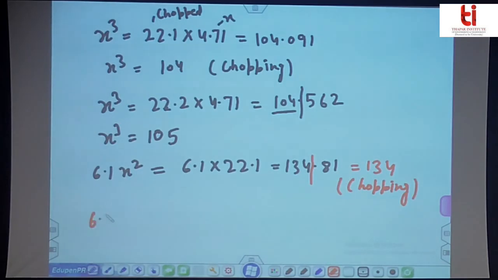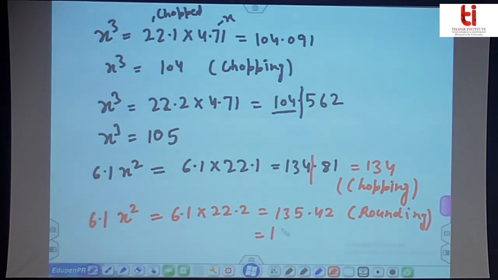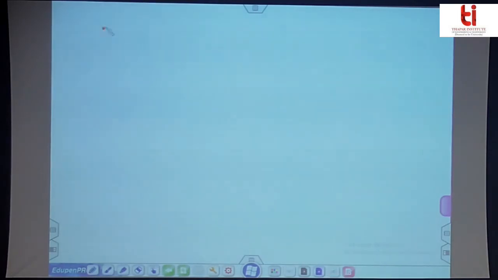Okay, 6.1 x square, now 6.1 into 22.2 is 135.42, using rounding. The value comes out to be 135.